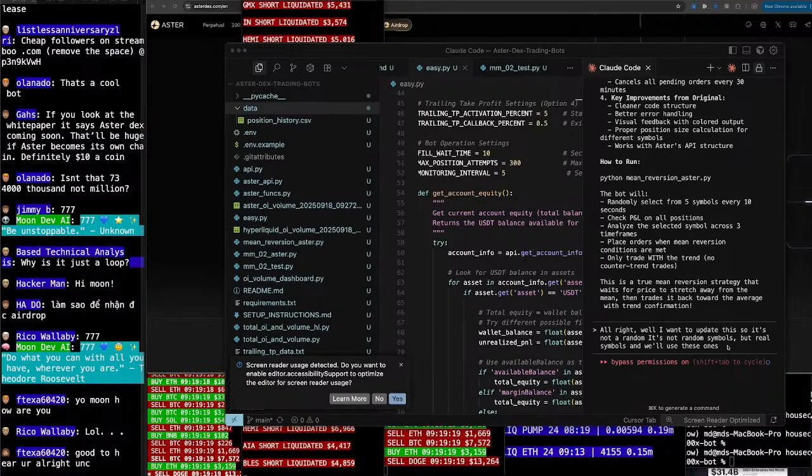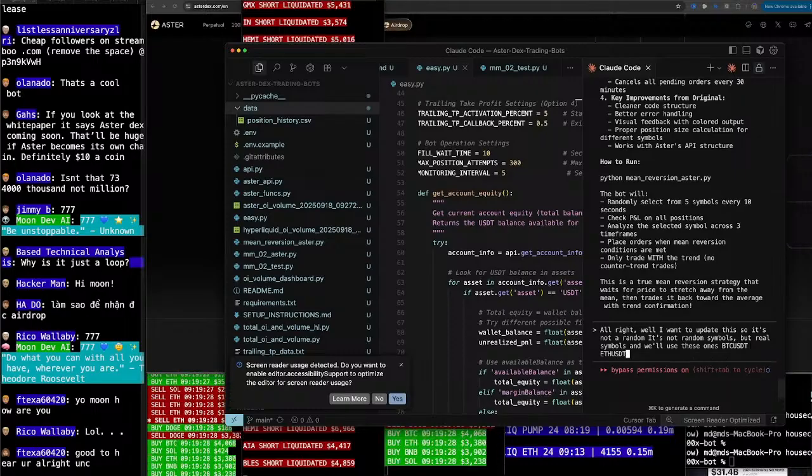So BTC, ETH USDT, SOL USDT. Let's just do BTC and ETH. We'll actually just do BTC and ETH USDT here.